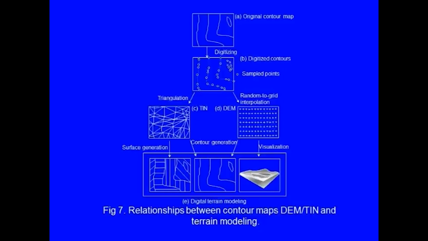Based on the method of converting the ground data into DEM, we can have different types of outputs made available. For example, we can get surface generation, we can get color contour generation, and we can get a visualization of the ground as it exists.